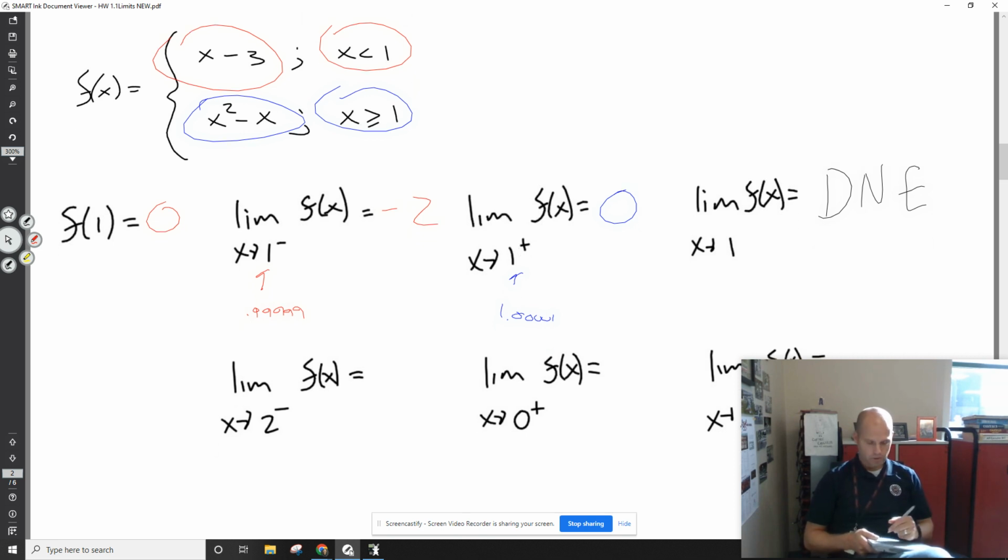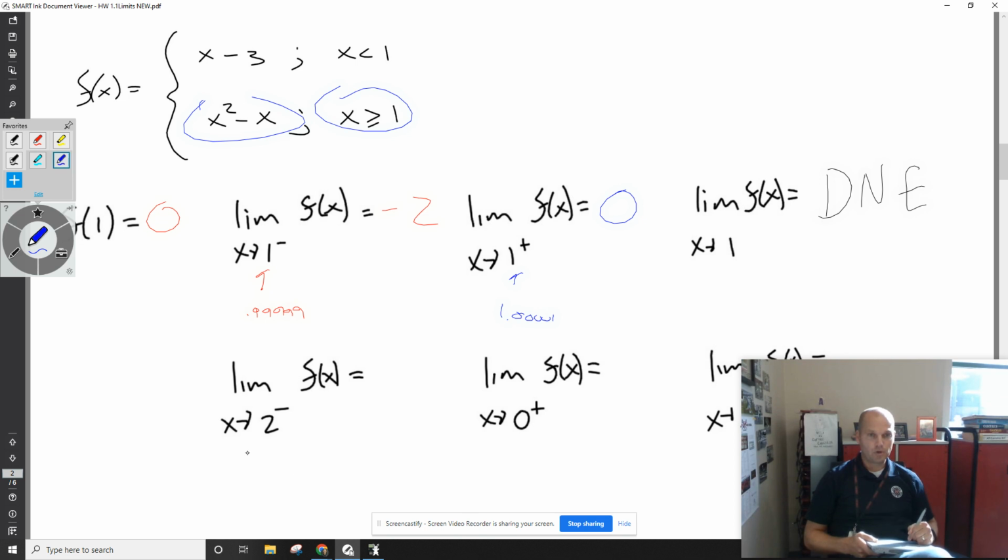Now, here come some tricky ones. What's the limit as x approaches 2 from the left? Well, maybe you could think 1.99999, but we know that's essentially 2. We know that we use the blue piece at 2. We don't use both of them.